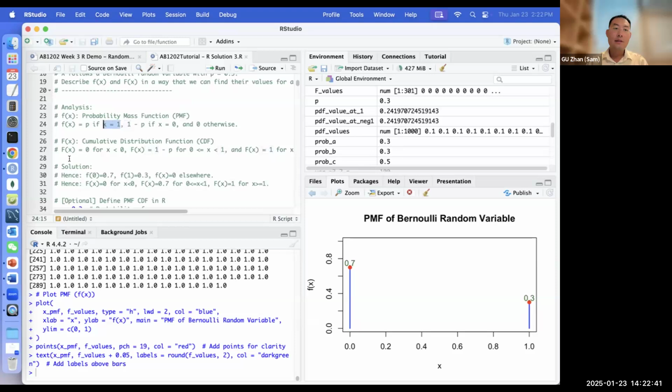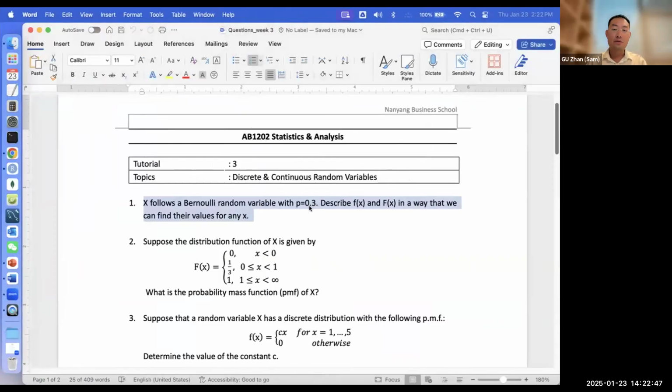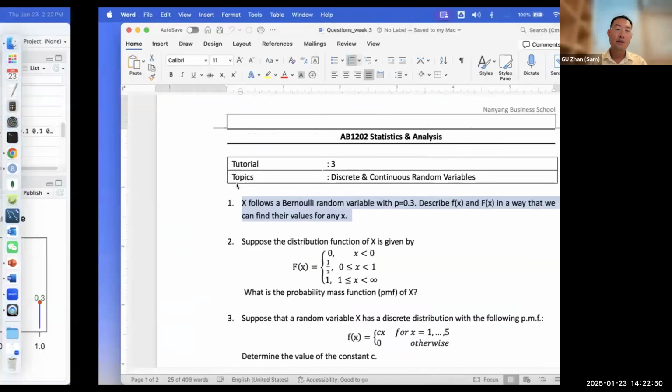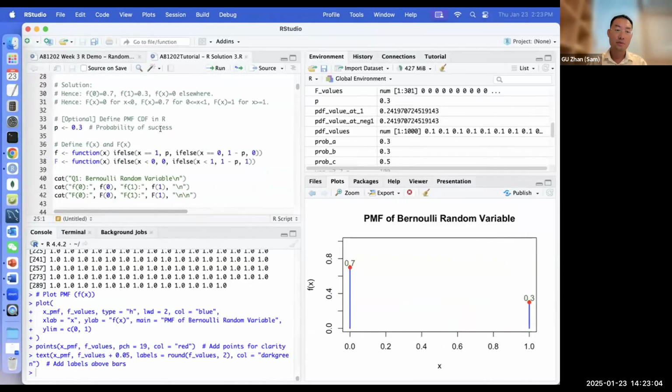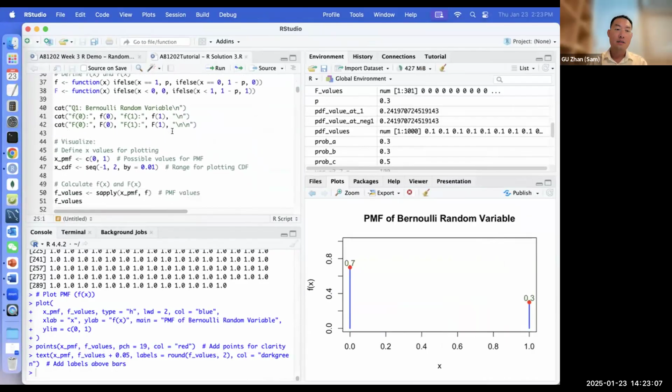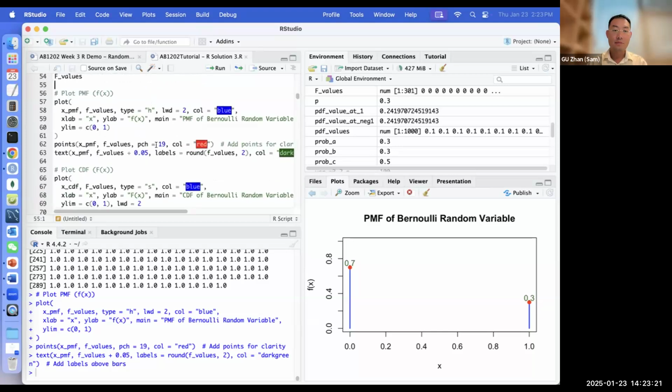X equal to 1, then the probability provided to you is 0.3. 0.3 is when x equals 1. When x is equal to 0, the probability is 1 minus 0.3. So it's 0.7. Okay, so small fx equal to 0, it is 0.7. So when x equal to 1, your probability is 0.3. Okay, that's the one. Blue and red. Okay.